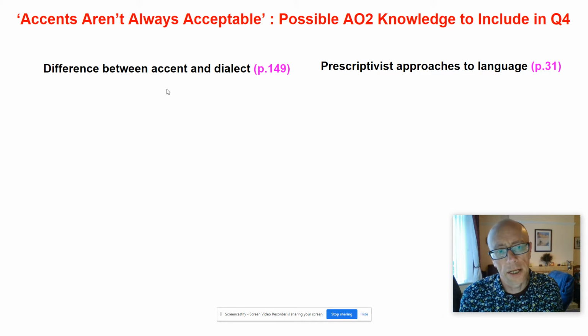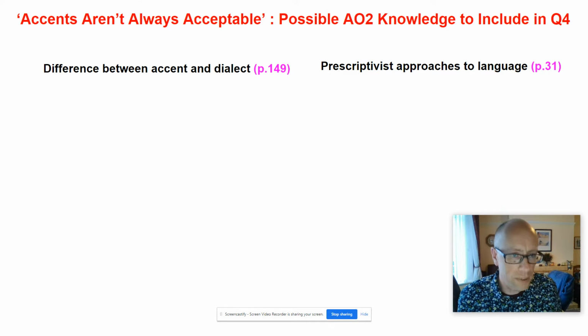Also, you could be looking at the difference between accent and dialect. Incidentally, these page numbers in the pink here are the page numbers in the AQA textbook. When we looked at question 3, we made the point that the writer William Heselton seemed to be conflating accent and dialect, talking about them as if they were one thing, which suggested that he himself is not a linguist.